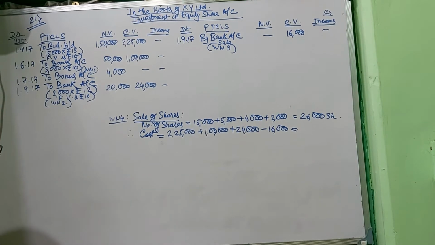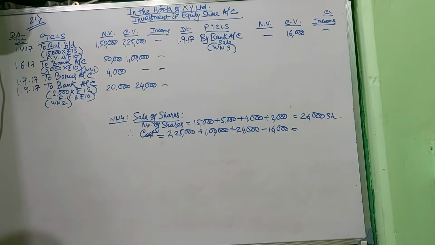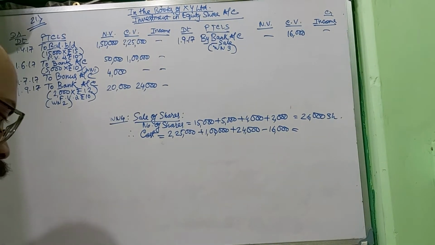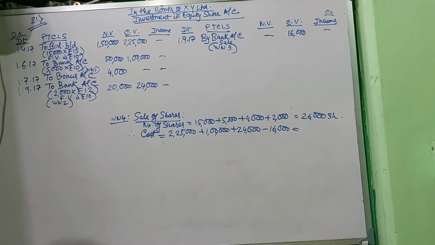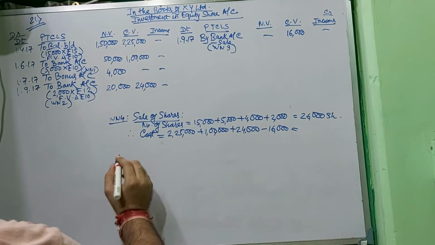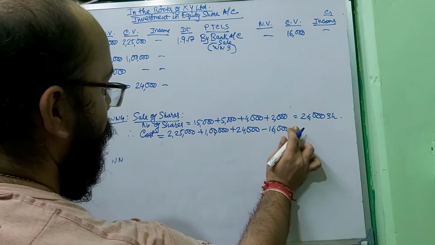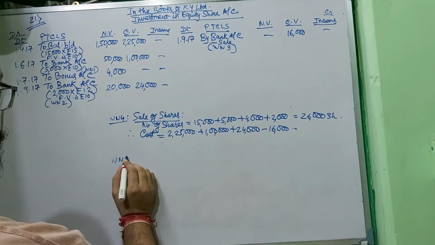And obviously there has been a sale on 31/10, right? Dividend has been declared 20%, which you need to calculate. For that, again, I am doing working note number 5 below. Otherwise, you cannot calculate. The dividend amount should be again deducted from here.